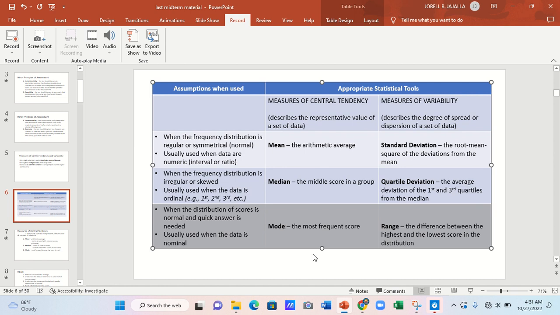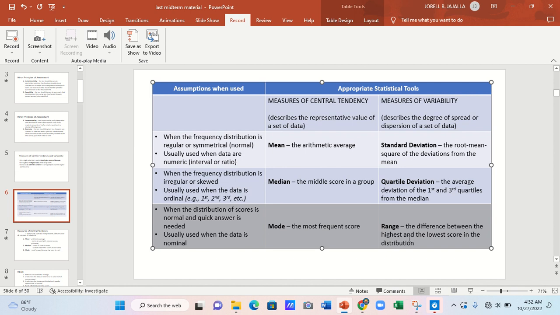Mode is just the most frequent score that appears in a set of scores.